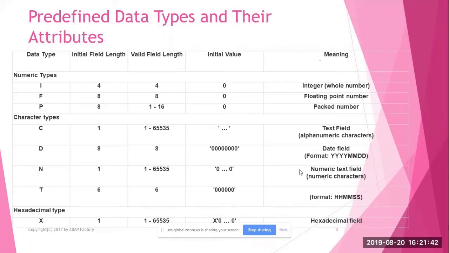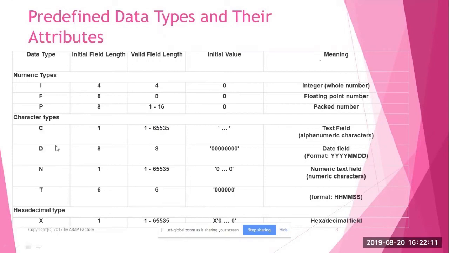Okay, and then character types. So these are all character types. C for character. Okay, it is a text field. It allows alphanumeric characters, meaning that you can enter alphabets and numerics also if you define it as C. Okay, and then date.